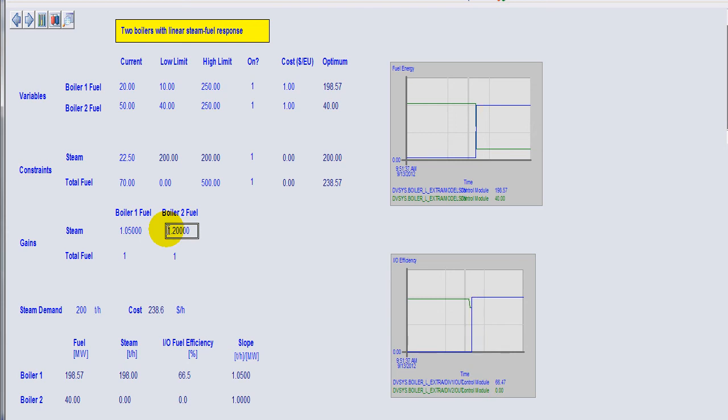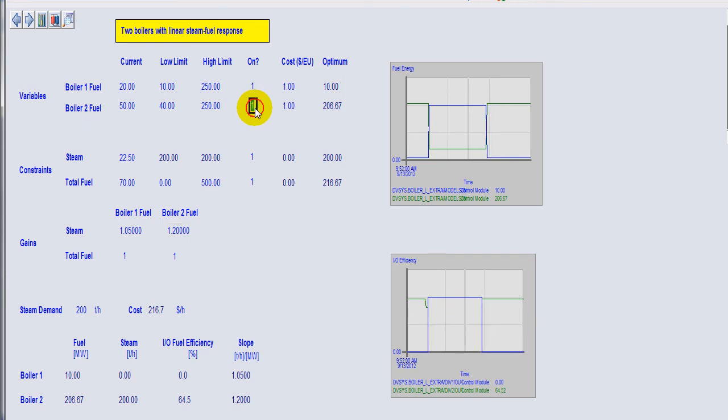Going back to our original incremental efficiency, you notice again the load is shifted from one boiler to the other. So in the shifting, rather than looking at actual efficiency, we're looking at the incremental change in efficiency, going with the higher incremental efficiency for adding steam.